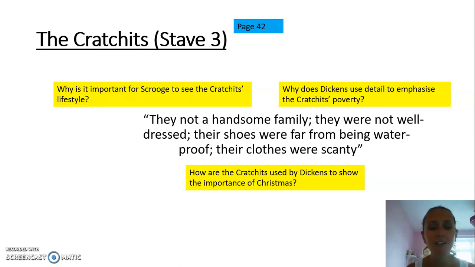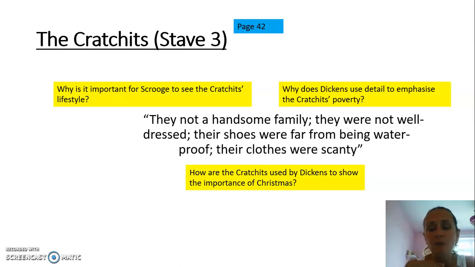So hopefully you did answer those questions yourself rather than waiting for me to start speaking. Obviously we've already discussed that it's important for Scrooge to see the Cratchits' lifestyle because this is when he realises in the pivotal part of the story that he's got the money to change their lives, and if he becomes more charitable and generous, then he has got that influence on improving people's lifestyles from the lower classes.